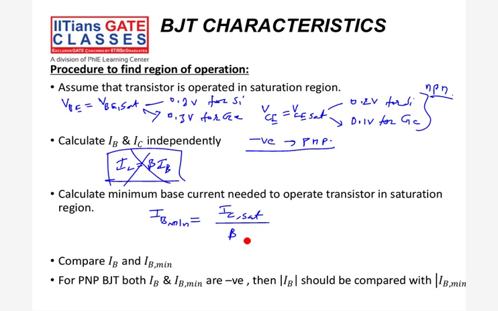IC saturation can be calculated from the VCE saturation value by applying KVL on the output side. From this IC saturation, we calculate IB minimum.